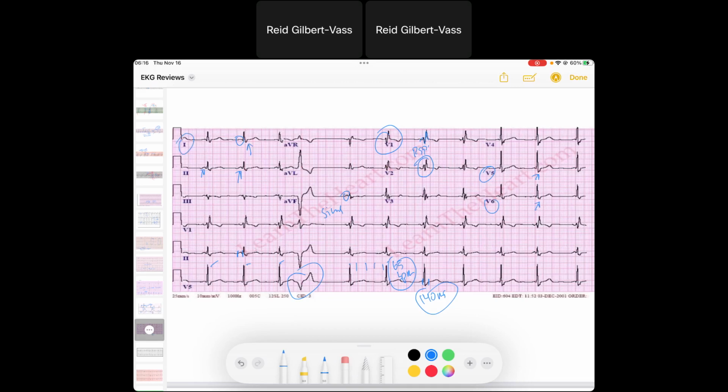And so that RSR prime, that R prime in V1, V2 is late signal to the right ventricle because the right bundle branch is blocked. So here we have a sinus rhythm with a right bundle branch block. Well, what about this funky beat? Well, this funky beat is a wide complex QRS that doesn't look the same as anyone else. There's no atrial activity in front of it, and so this is a PVC. So here we have a sinus rhythm, the right bundle branch block, and a PVC.